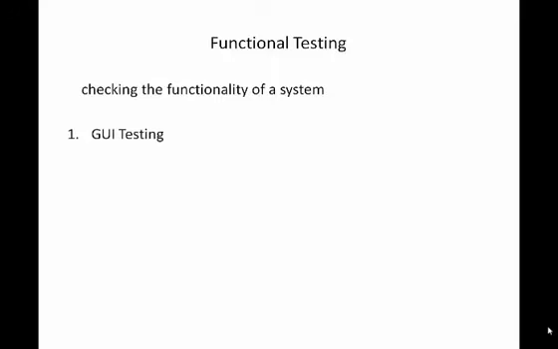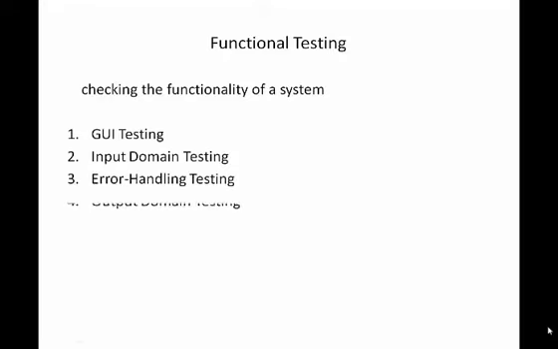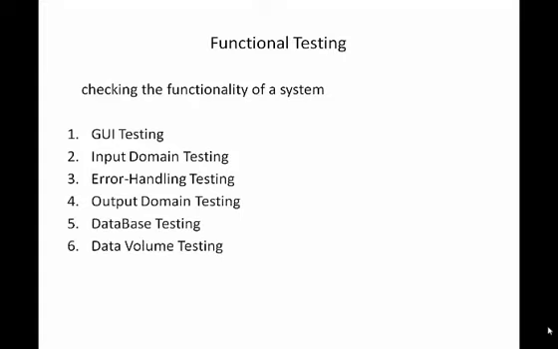There are several characteristics of functional testing. First one is GUI testing, next input domain testing, error handling testing, output domain testing, database testing, data volume testing, recovery testing, and inter-system testing.